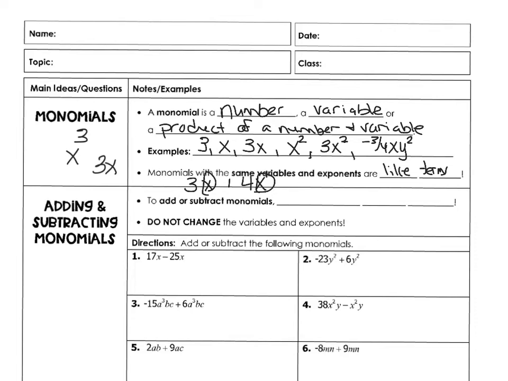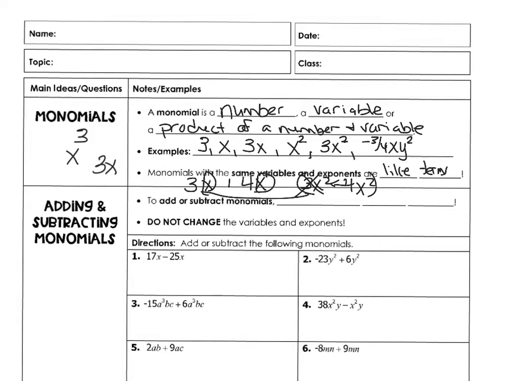This is understood exponent to the first power. 3x squared is not the same as 3x. They don't have the same exponent. But 4x squared is a like term with 3x squared. It's got the same variable and exponent.